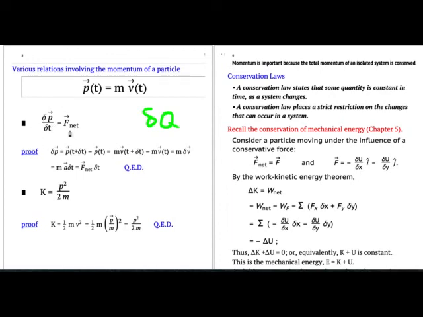Now this is a theorem, so let's prove it. Delta P is P at T plus delta T minus P at T. Final value minus the initial value for that time interval.